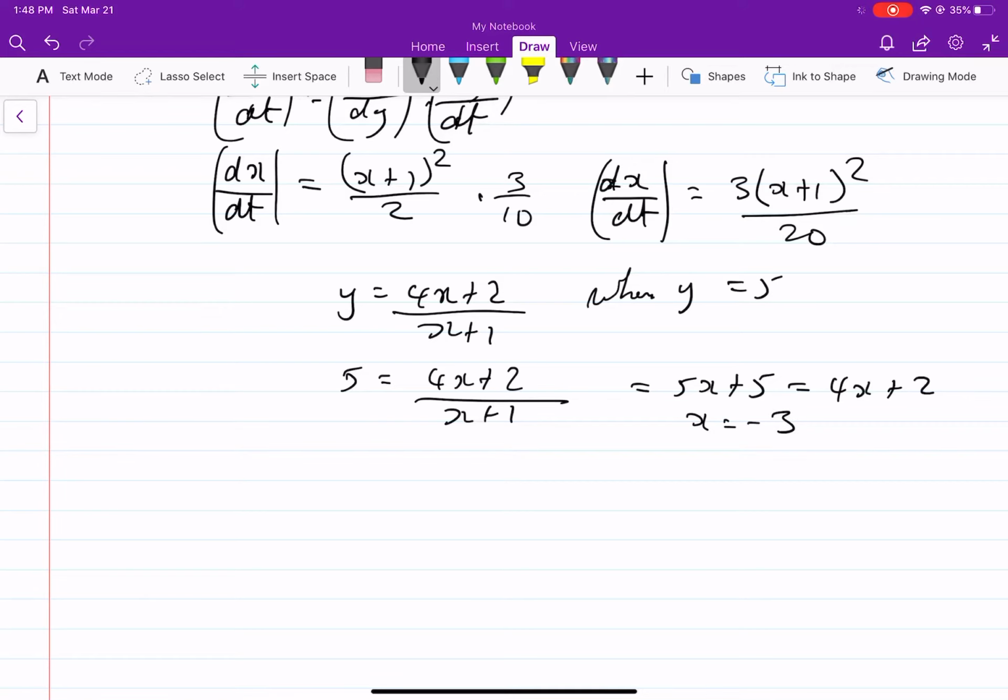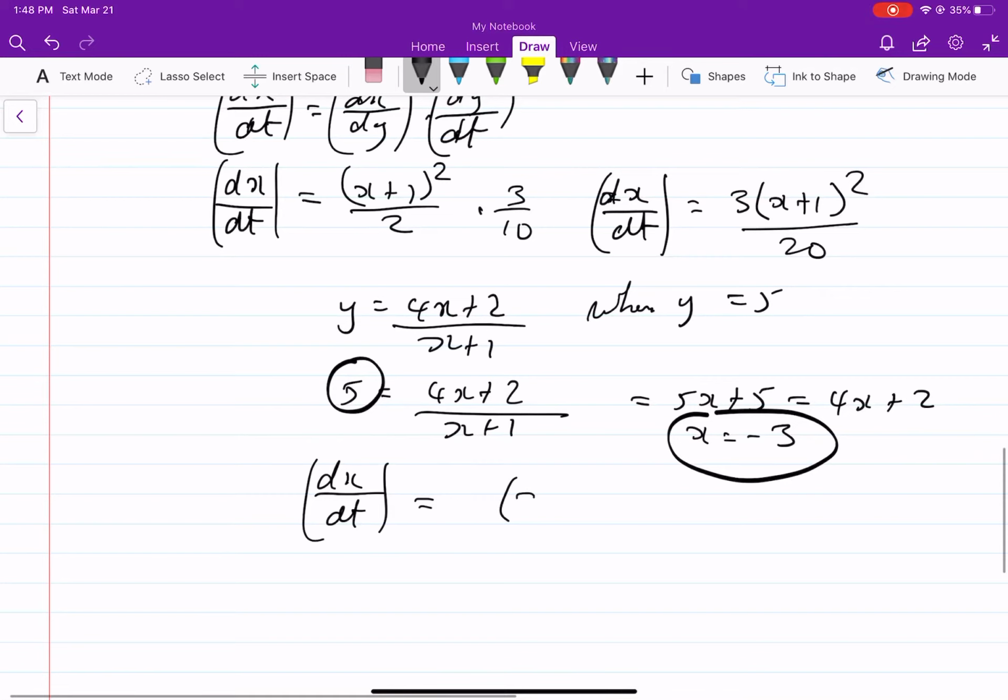to minus 3, I think. 5x minus 4x is x. 2 minus 5 is minus 3. So when y is 5, x takes on the value minus 3. And now you can plug that value into dx/dt. dx/dt will therefore be 3 into (minus 3 plus 1) all squared upon 20.